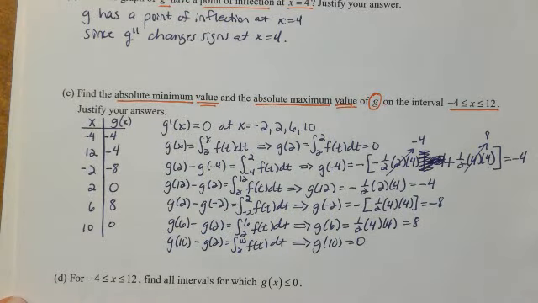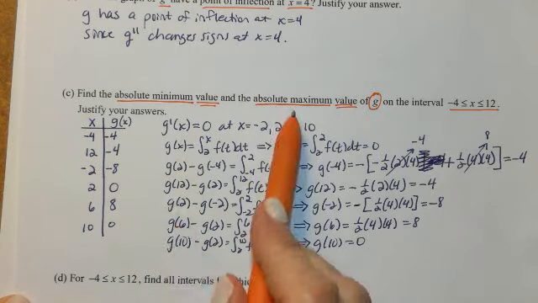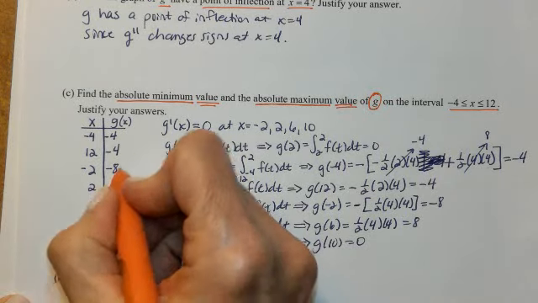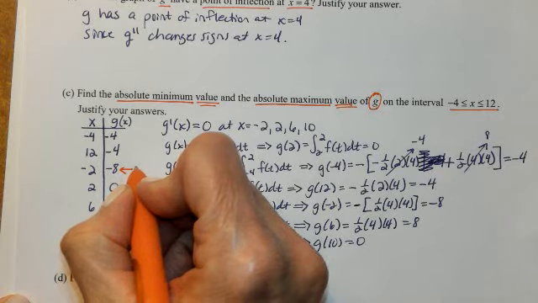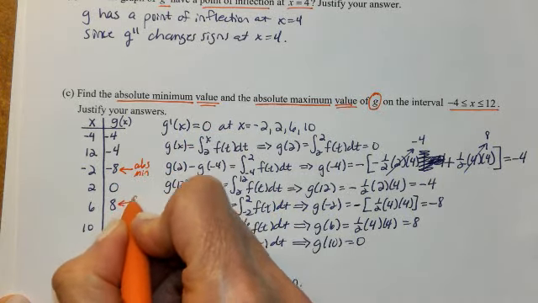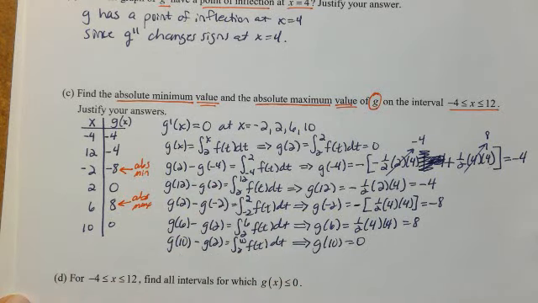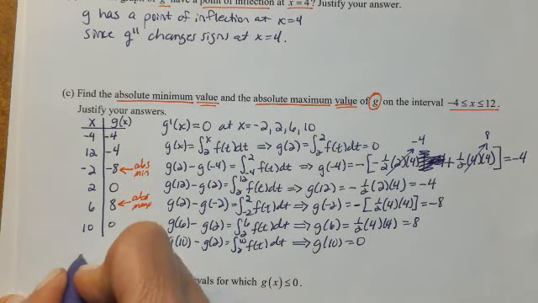So those are all of our candidates, and one of those has got to be the absolute min and the absolute max. Therefore, the negative 8 has got to be the absolute min, and the positive 8 has got to be the absolute max value. So I will write that down for AP.